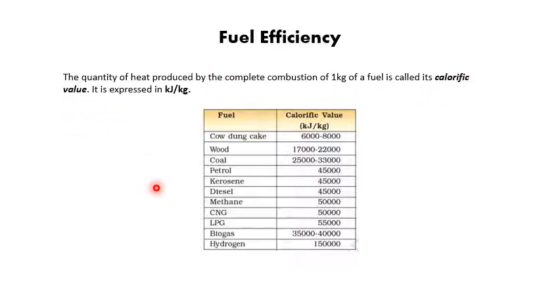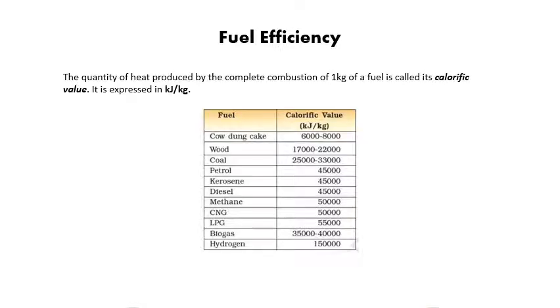So you can say in simple words, calorific value is the amount of heat that is being produced by burning the fuel. You can see here in the table the calorific value of different types of fuel, isn't it? Okay, on this basis we can decide the efficiency of the fuel.